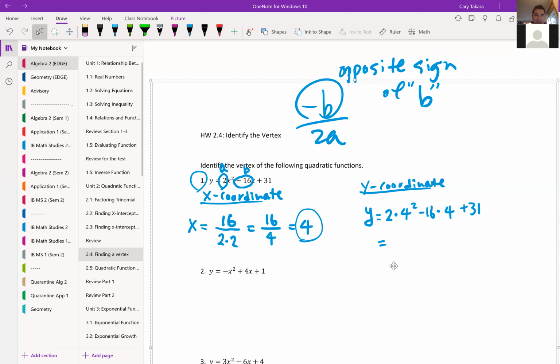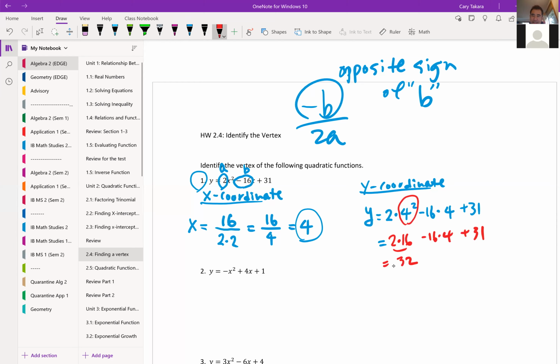Right, so you definitely don't want to do 2 times 4, okay? You've got to take care of the 4 squared first, which is 16. So you've got 2 times 16, minus 16 times 4 plus 31. 2 times 16 is 32. I don't need a calculator for that. 32.